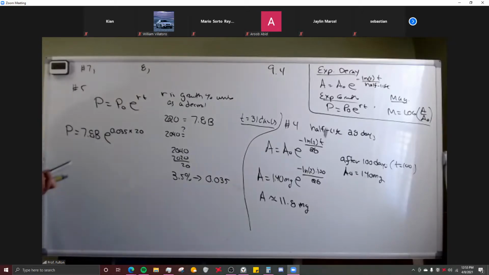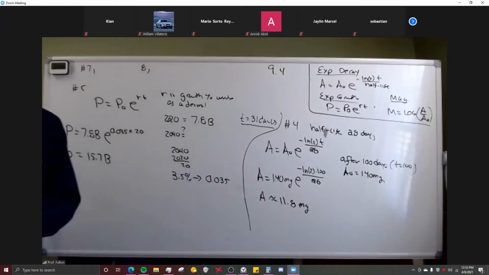So doing this, I use 7.8 times my e to the 0.035, that's 3.5%, growing for a total of 20 years, 2020 to 2040. And in that case, the population would be 15.7, and our answer is billion.